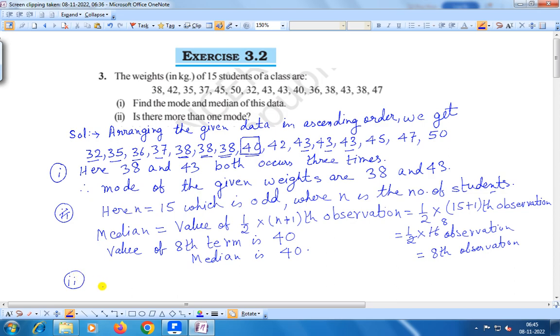Yes, there are two modes for the given weights of the students.